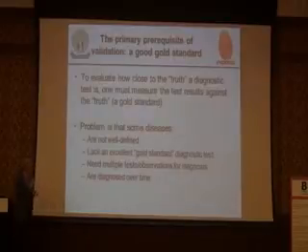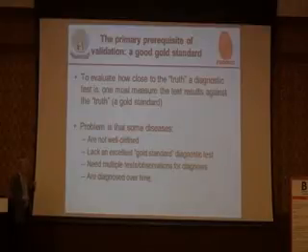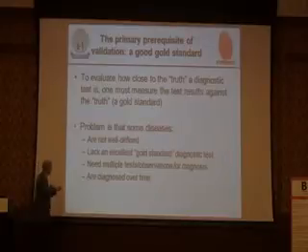The first, to evaluate how close the result is to the truth, you have to have a gold standard. We already established that. The problem is that some diseases are not very well defined. And some of them lack an excellent gold standard diagnostic test, and maybe sometimes the new test is actually better than the gold standard.